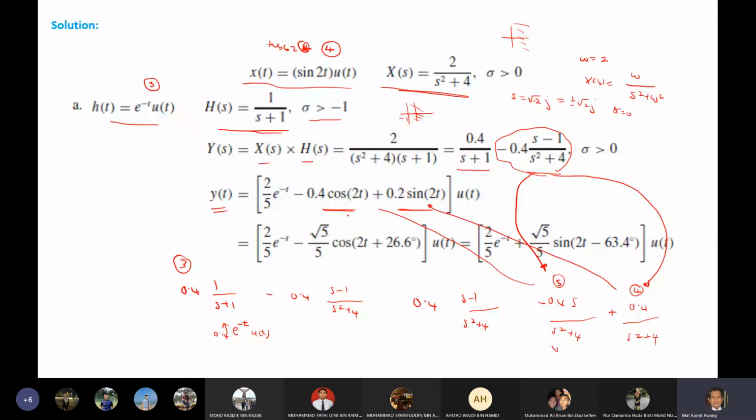Then you can reduce this. This way you have to use the trigonometric function to get this.